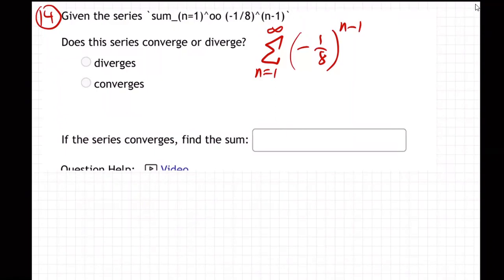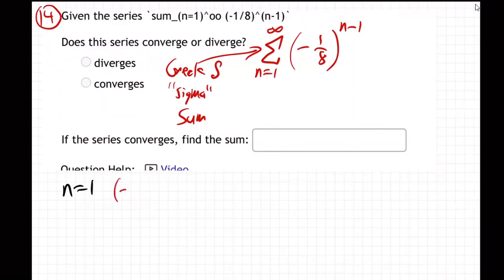Okay, so they're giving us that sigma notation again. This is sigma. It's a Greek S, which stands for sum. It means add them up. So basically, it means take this formula, take n equals 1 and plug into the formula (-1/8)^(n-1).